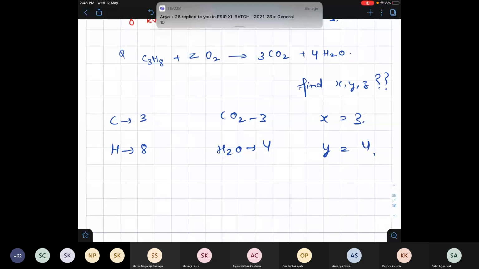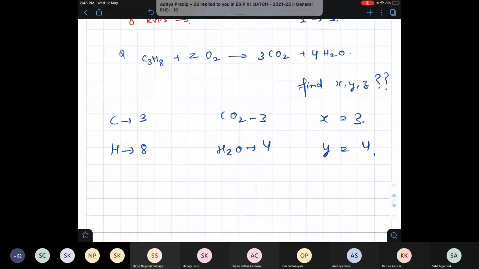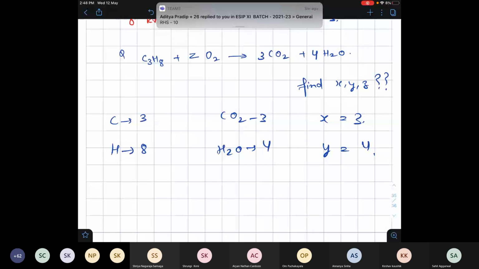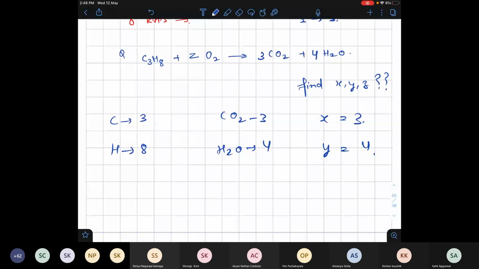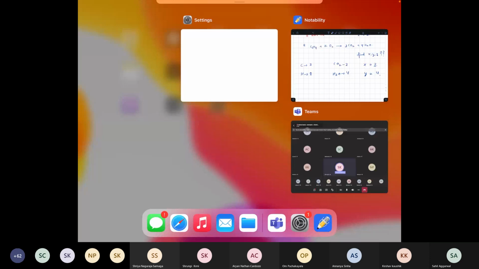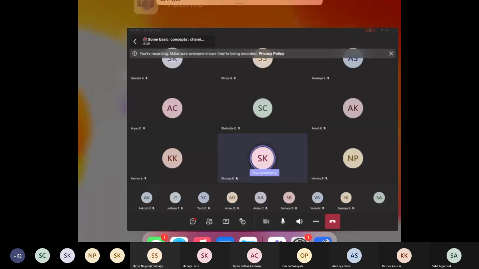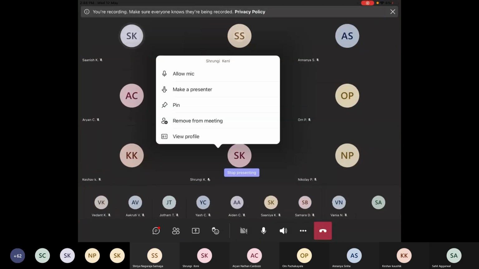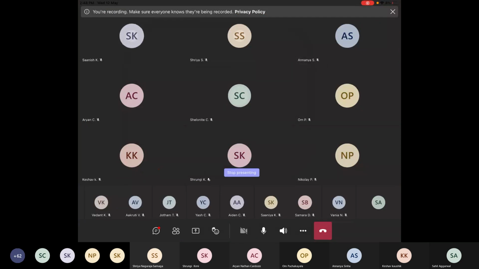How you got this 10? श्रृंगी माइक खोल के बताओ कैसे आया 10? चलो बोलो.